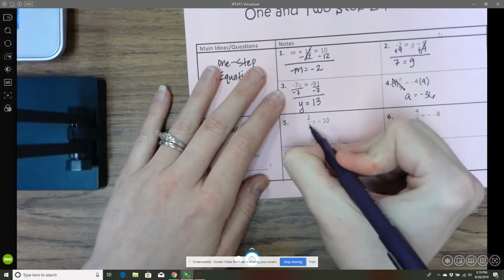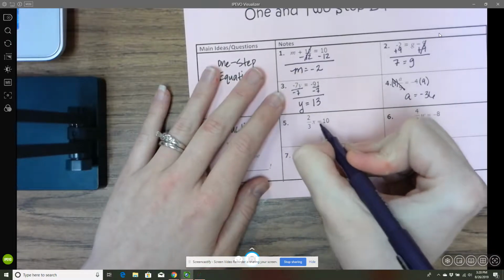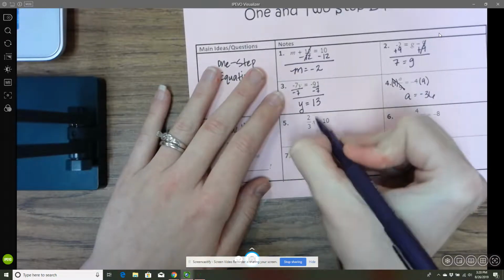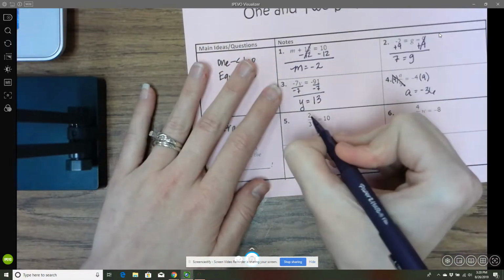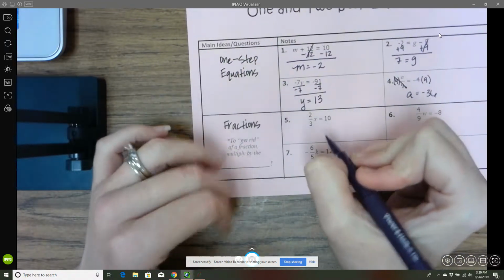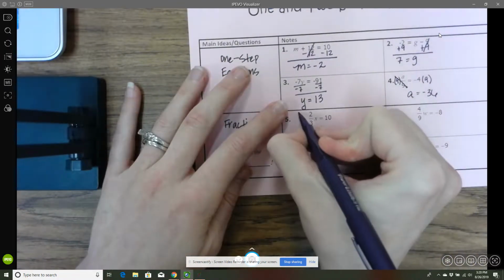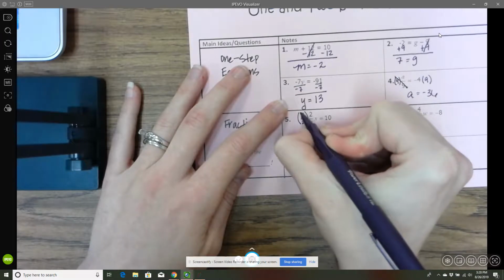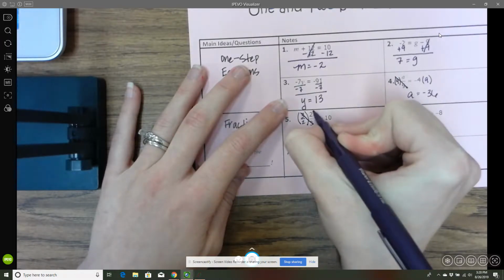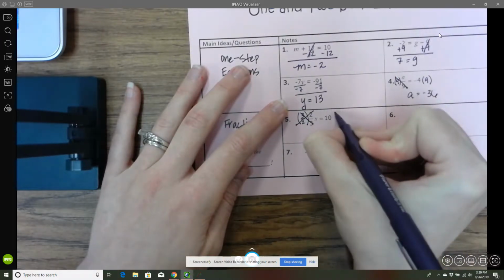So here I've got 2/3 x equals 10. So we're multiplying by the 2/3. So I can divide by the 2/3, but with fractions, you can also multiply by the reciprocal. So if I multiply by 3/2, just like I showed you above, the 3's would cancel this way, and the 2's would cancel this way.